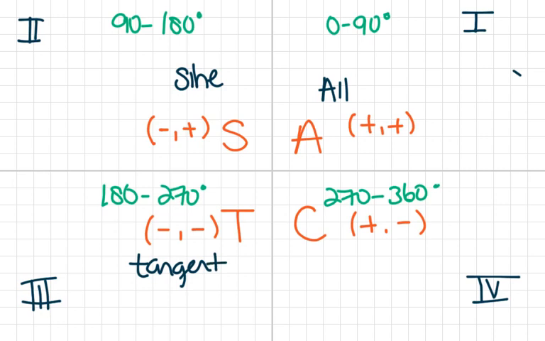And C stands for cosine, meaning cosine is positive in quadrant 4. All right, so they're all positive in quadrant 1, sine is positive in quadrant 2, tan is positive in quadrant 3, and cosine is positive in quadrant 4. Okay, a couple more notes about this here.